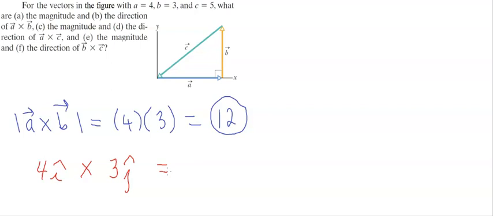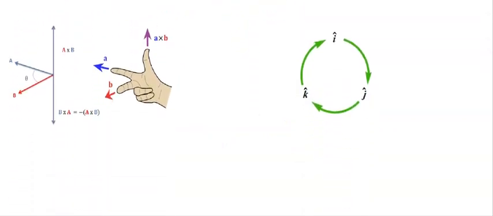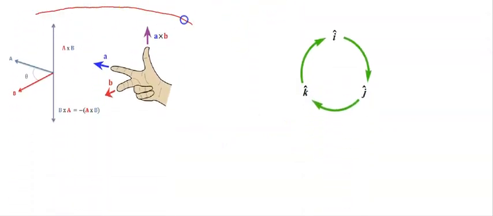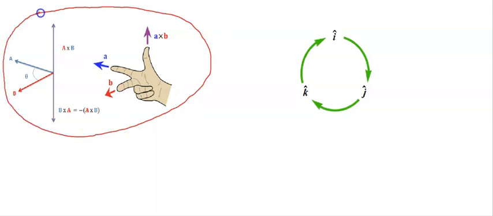So again, we have 12, and i cross j will give us k. So the answer to part B is the resulting vector is going to face the positive z direction. Now, you can use the right-hand rule to figure out the direction of the resulting vector, or you can also write the vectors i, j, and k in a circular manner.